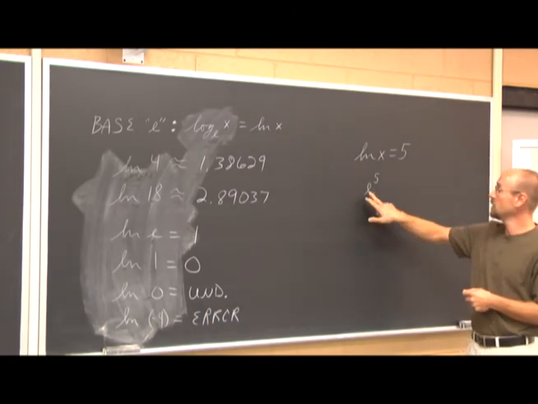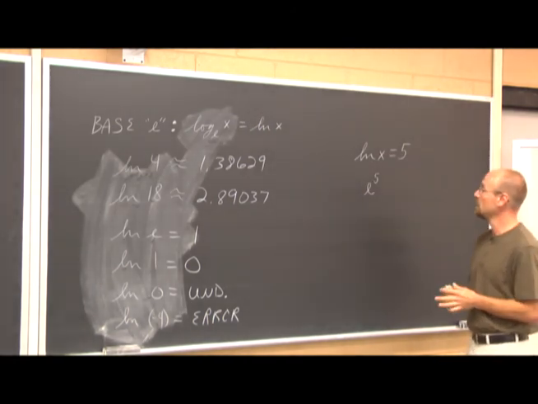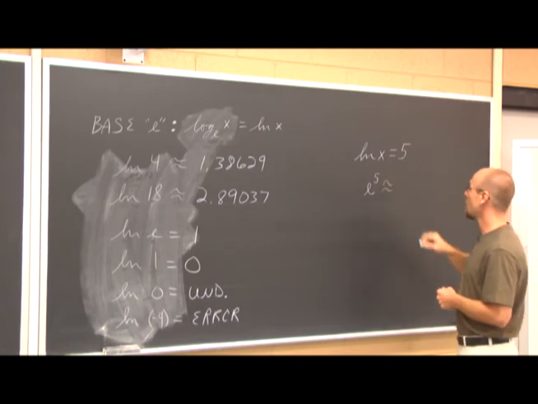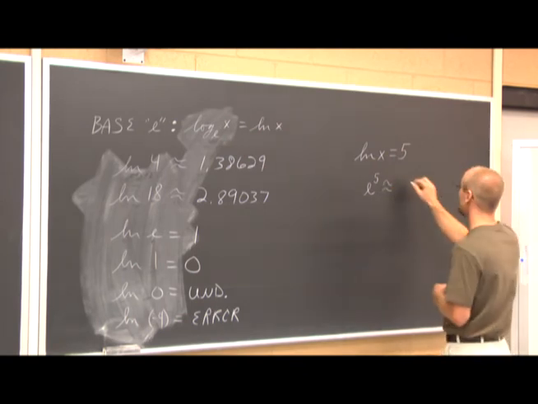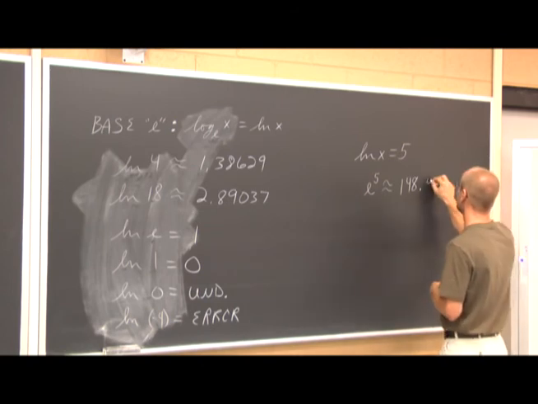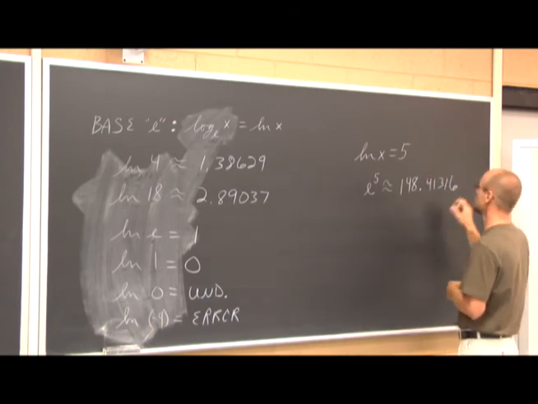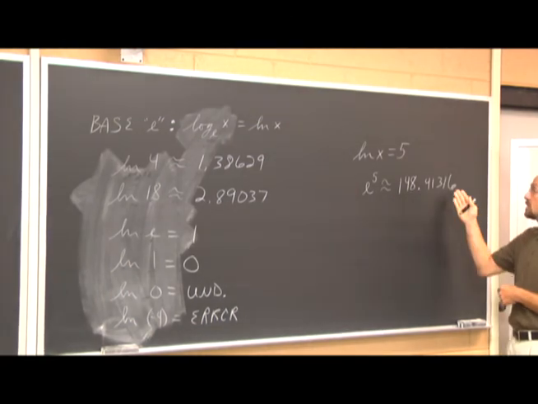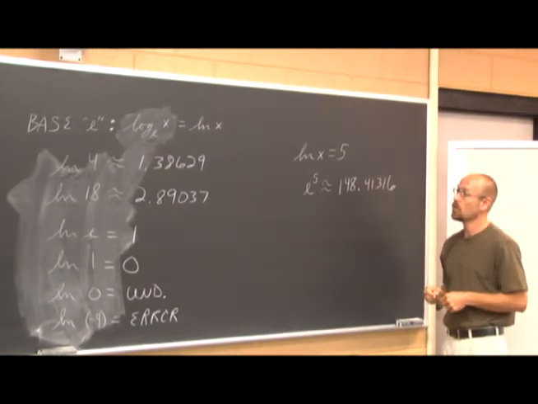So we hit that key and we put in the value 5, and we can approximate it, we have over here, to 148.41316. And again, this is an approximation because we do have to round it to some point.